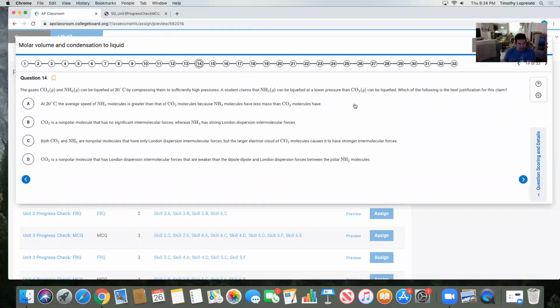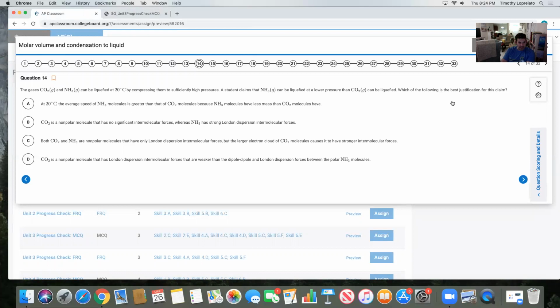Question 14. The gases CO2 and NH3 can be liquefied at 20 degrees Celsius by compressing them to sufficiently high pressure. A student claims that NH3 gas can be liquefied at a lower pressure than CO2 gas can be liquefied. Which of the following is the best justification for this claim? All right, so the kid's saying NH3 doesn't require as much pressure as CO2.